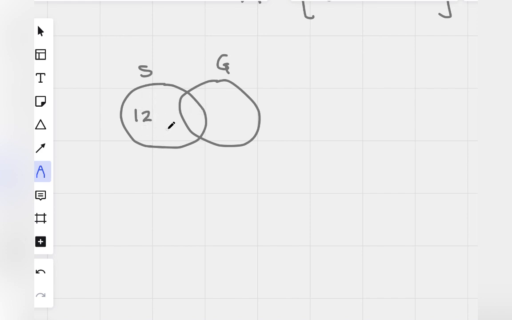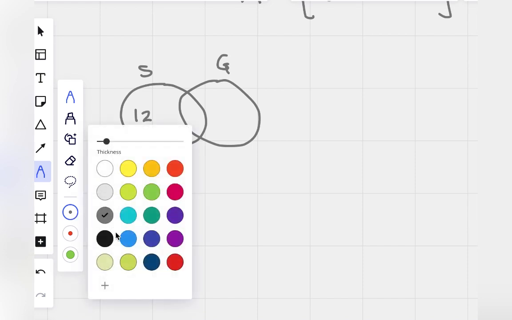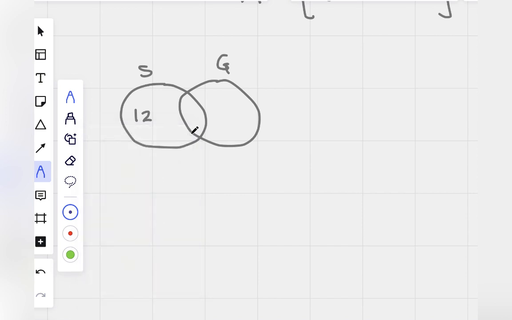Here means Spanish only, does not include German. Then the 4 that has been given depicts the students who do both subjects. So here, this 4 is for those who do both subjects.